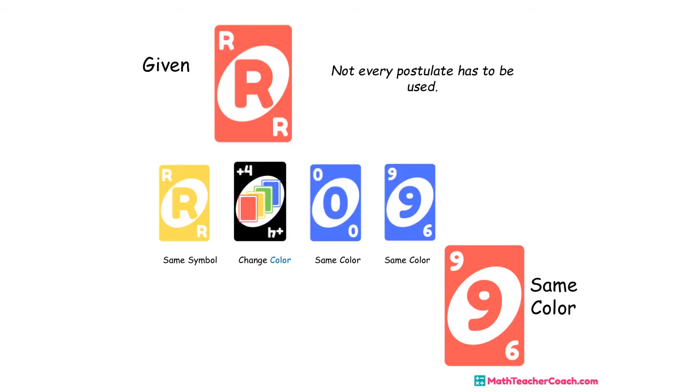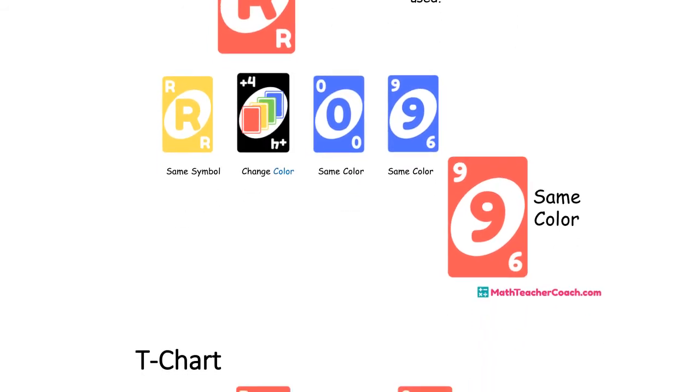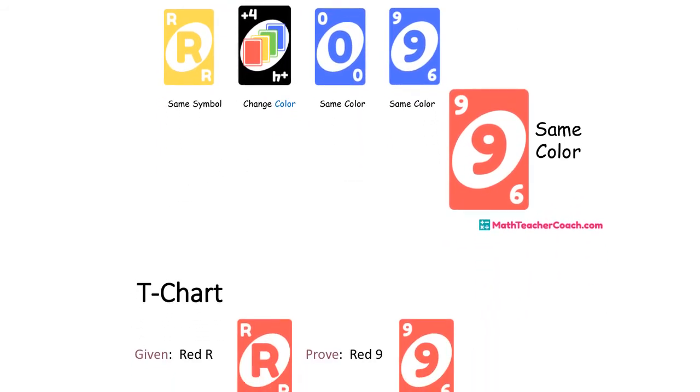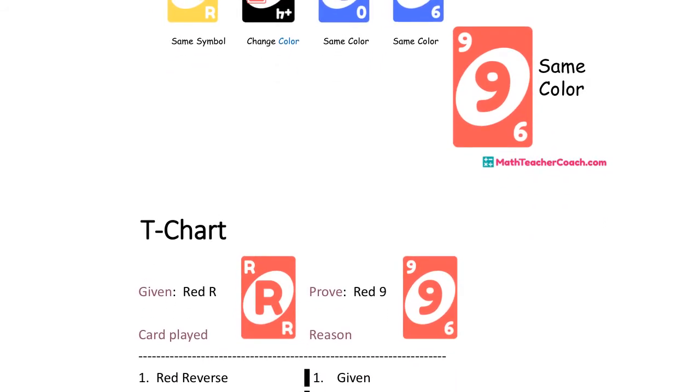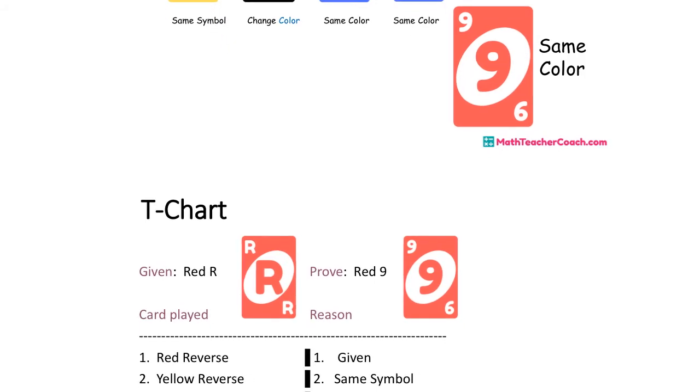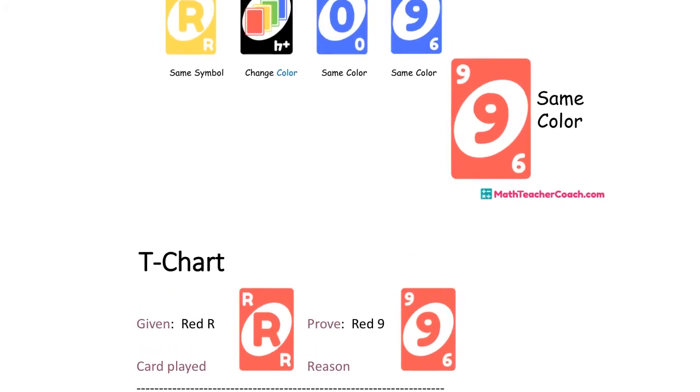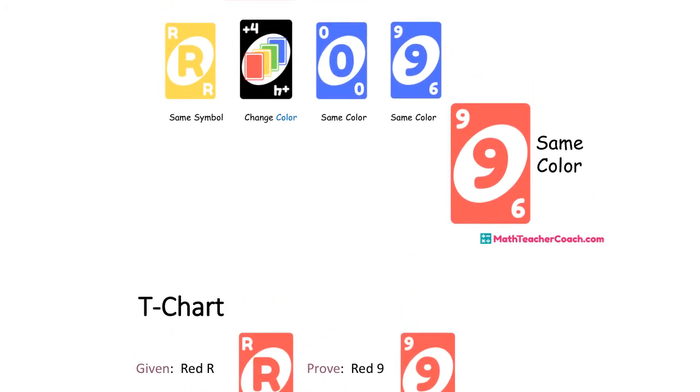So we're given red reverse. That's given. Now we have a same symbol in the yellow reverse, so we can use that next. I'm going to scroll back up so we can look at our cards. You know what, we'll just draw our chart here.